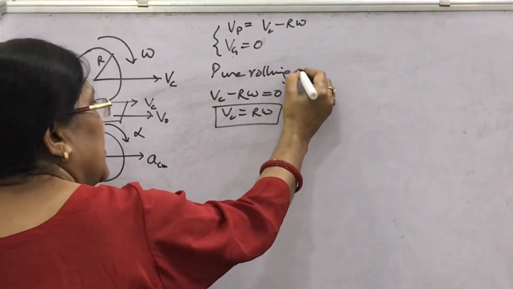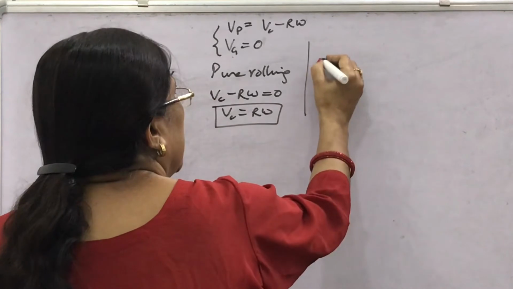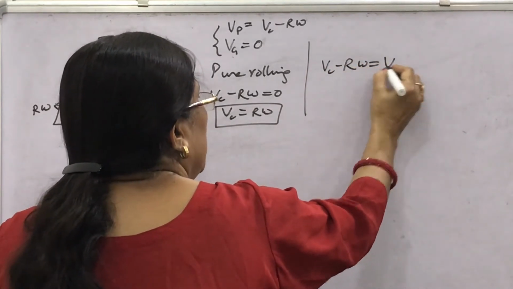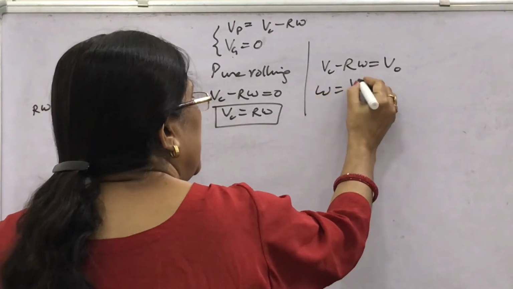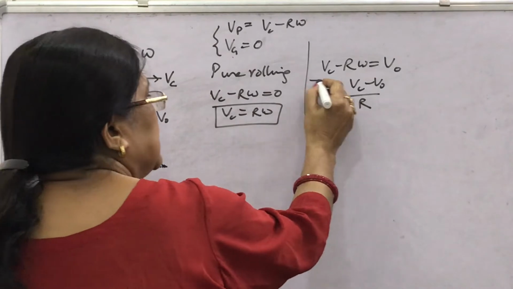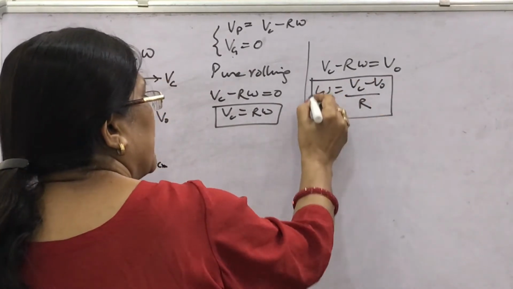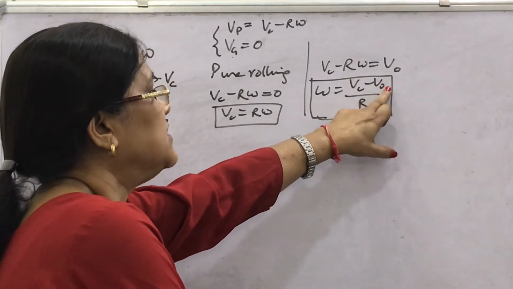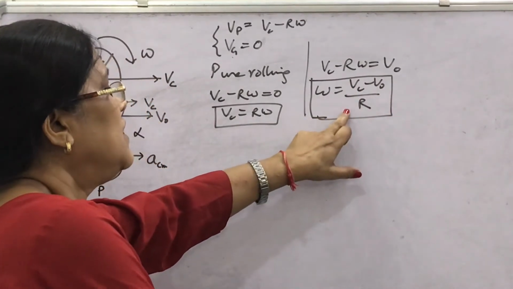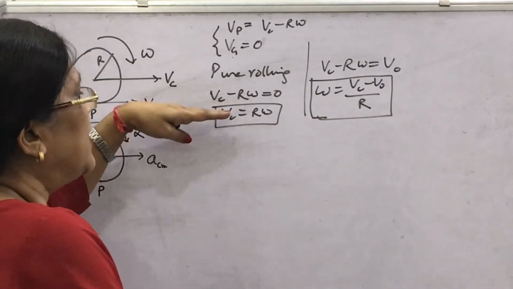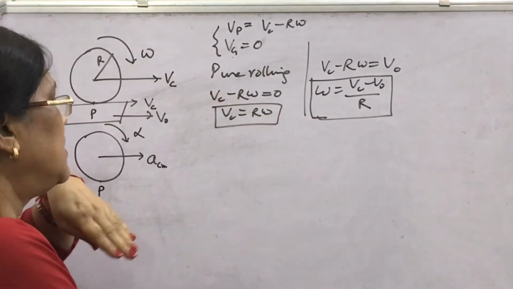Then for pure rolling, we will get Vc minus r omega equal to v0. Therefore omega will be Vc minus v0 upon r, and this is the ultimate condition for pure rolling. Here if the platform is not moving, the ground is stationary, then Vc by r. Most of the cases we see that the object is rolling on the stationary ground.